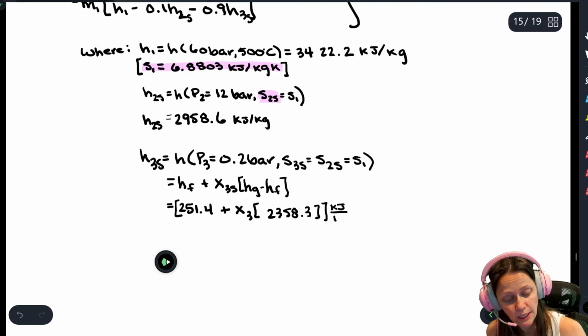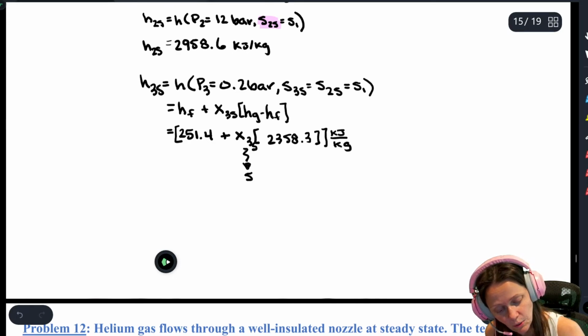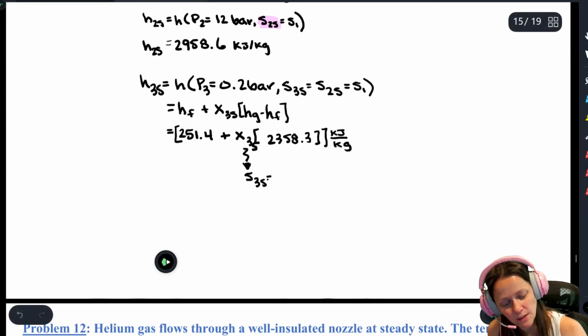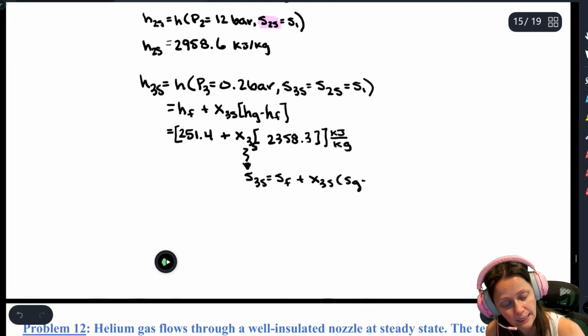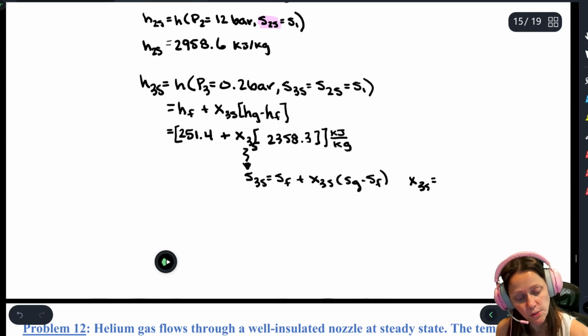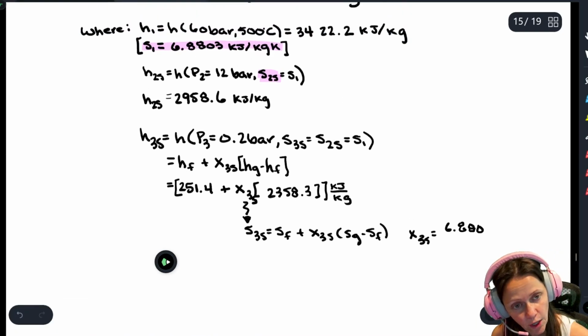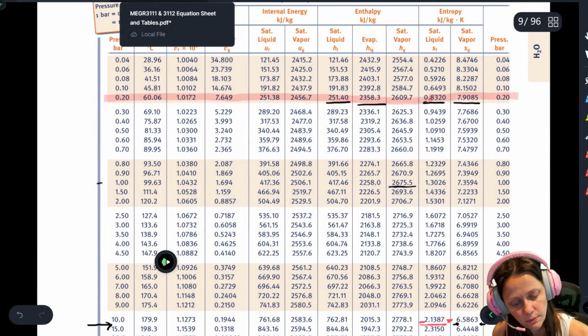I do need to get the quality here, and the way that I'm going to do that is my entropy, because I know the entropy at the end of that isentropic process is also defined as S sub F plus my quality times S sub G minus S sub F. So my quality is going to be S3S, which is 6.8803 minus our S sub F, which is 0.8320.